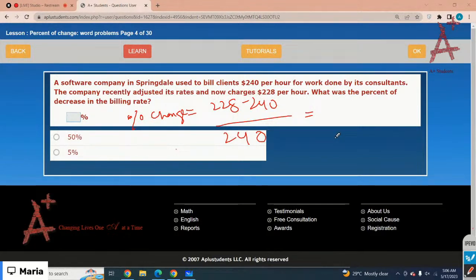It will be 12 over 240. 12 divided by 240 is 0.05, and you have to multiply it by 100. So it would be 5%. Got it? That means the value decreased by 5%. The correct option is 5%.